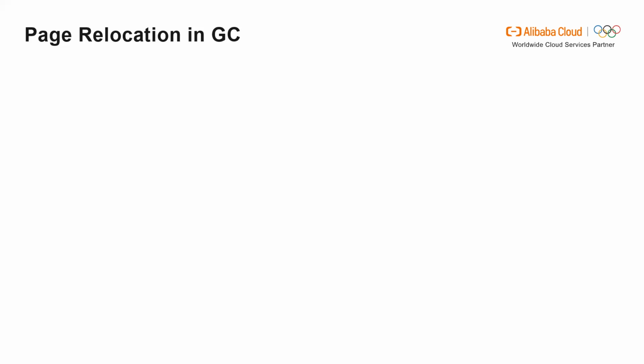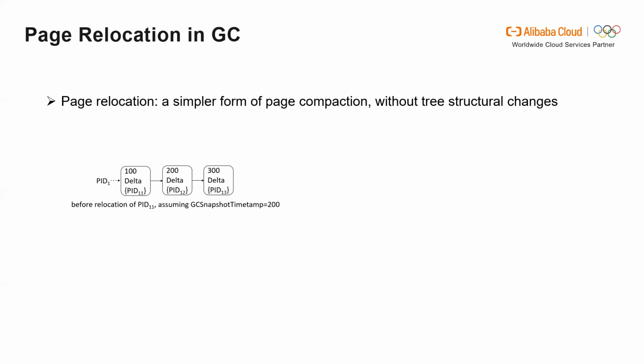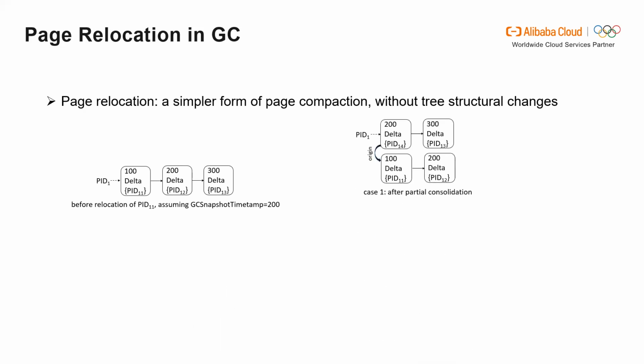Page relocation is a simpler form of page compaction without tree structural changes. Look at this example. It tries to relocate PID 11, assuming the GC snapshot timestamp is 200. Partial consolidation can occur with PID 11 and 12 merged into delta page PID 14.